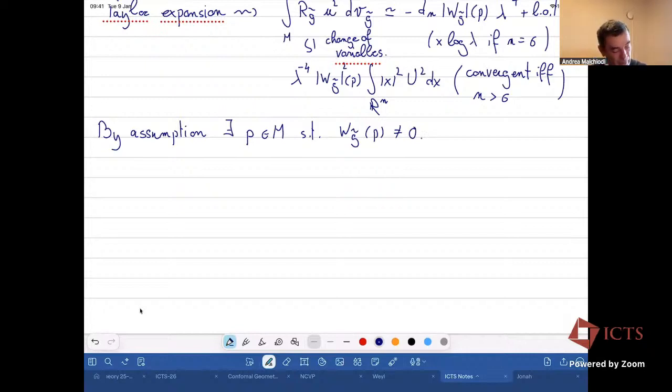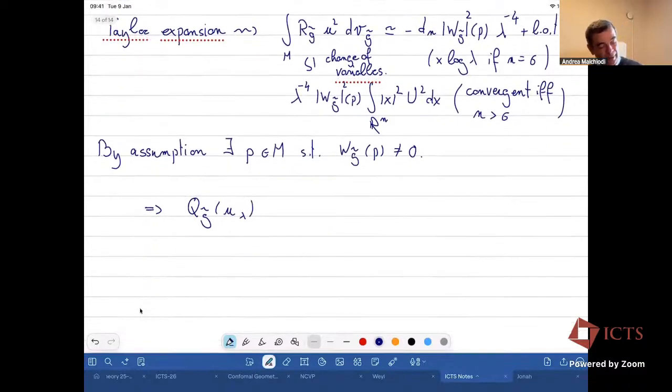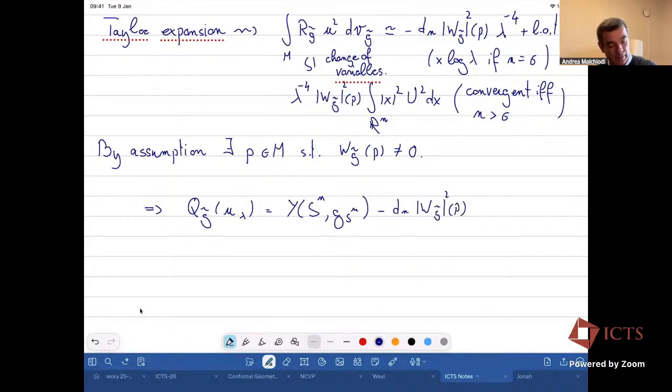And therefore, you can prove that the Yamabe quotient, Q_g tilde of this u_lambda, is equal asymptotically to the Yamabe constant of S^n minus some dimensional constant d_n, norm of the Weyl tensor squared, divided by lambda to the 4 times some log if n equals 6, plus lower order terms.